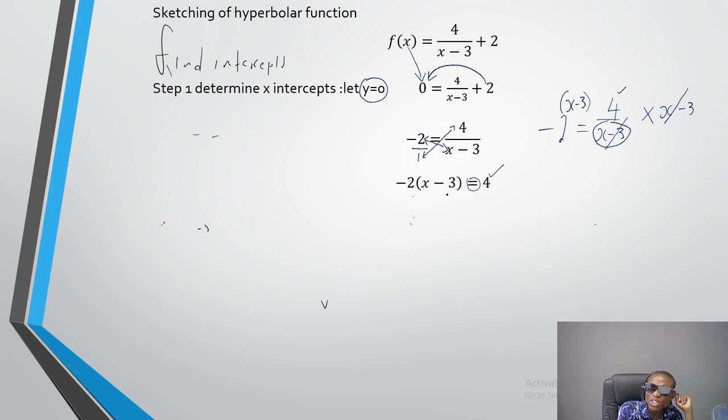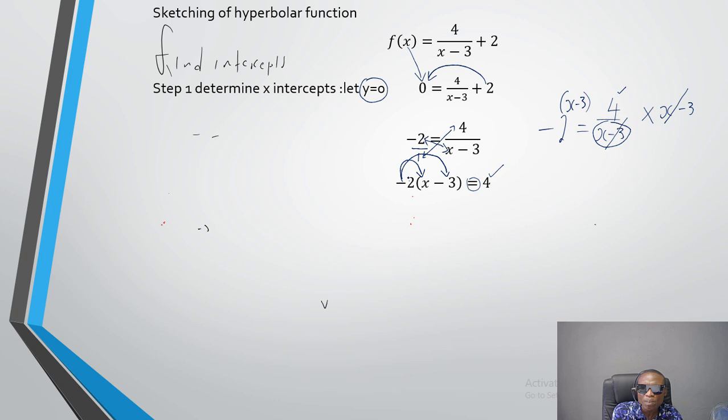Don't forget the distributive law. When you're solving equations, do not forget the distributive law. The distributive law says the number outside the bracket multiplies every number inside the bracket. So negative 2 times x is negative 2x. Negative 2 times negative 3 gives you positive 6.